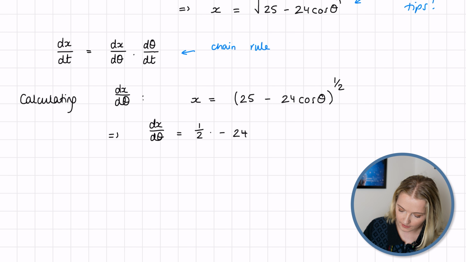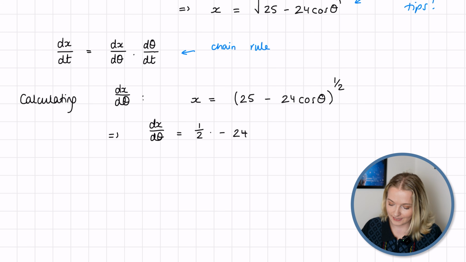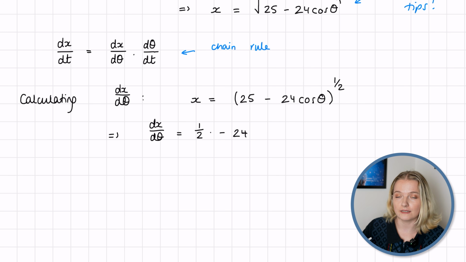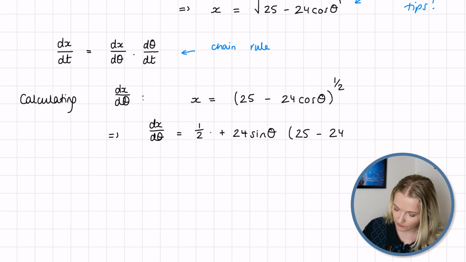Now it would actually be minus 24 multiplied by minus sine theta, because the differential of cosine theta is minus sine theta. So this would then become a plus. So we would have a half times 24 sine theta, all multiplied by 25 minus 24 cosine theta. And what do we do when we differentiate? Well, we just drop this power by one. So that's now minus a half.